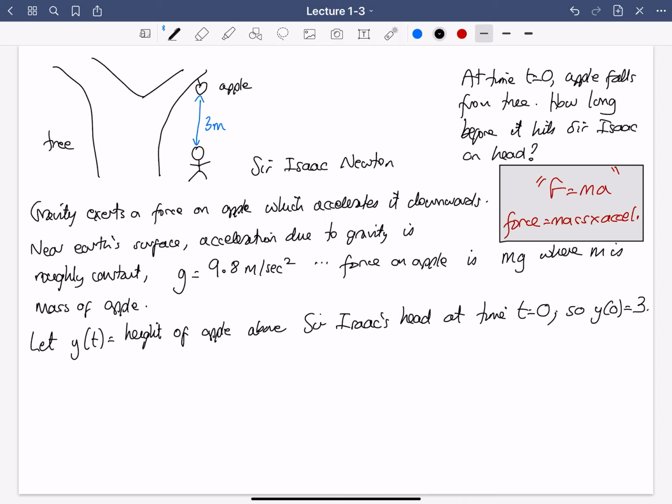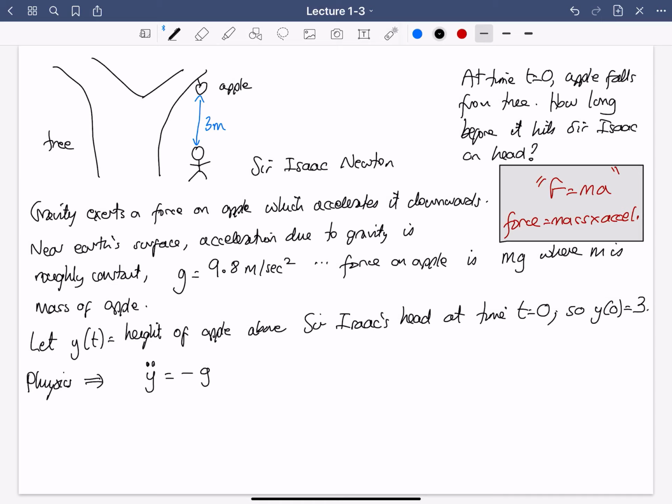And then the laws of physics tell us that the acceleration, which is y double dot, the second time derivative of this height, is constant. It's this number g. Actually, we should write minus g, because we're measuring height upwards, but it's accelerating downwards. The height is getting smaller over time.